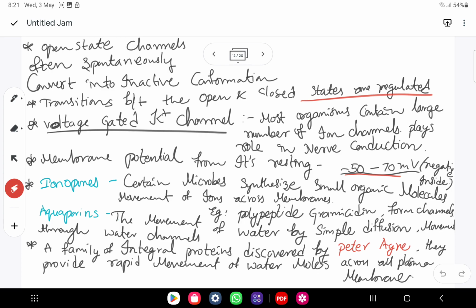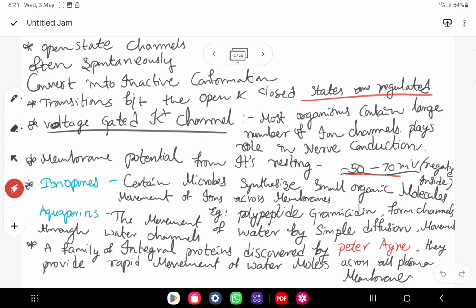Voltage gated channels are closed most of the time and are highly regulated by a voltage of minus 50 to minus 70 millivolts, that is, negative inside.